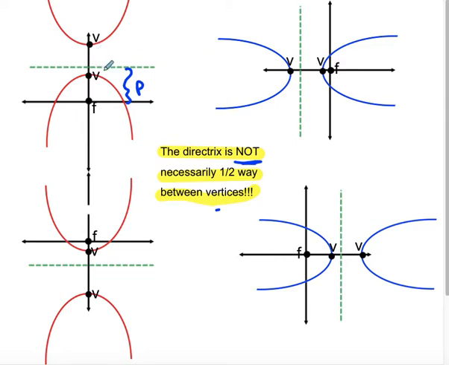Sometimes it is, but not always. So I drew these pictures on purpose so you can see, between these two vertices, that directrix is not exactly halfway between them. Same thing here. This directrix is not exactly halfway between the two vertices. Same thing here. So just don't make that assumption that it has to be halfway between.